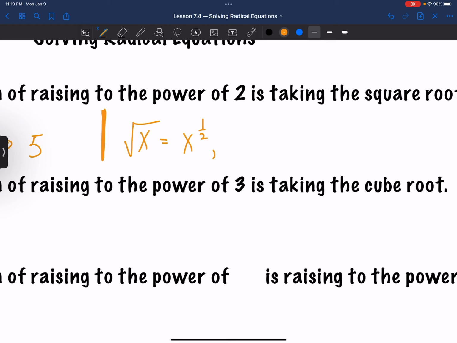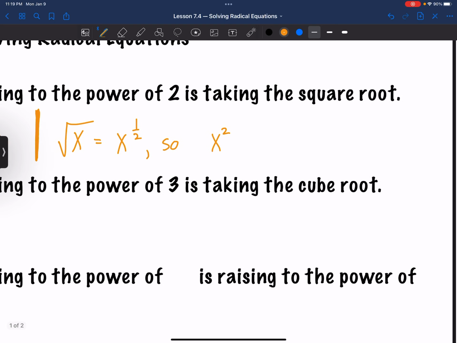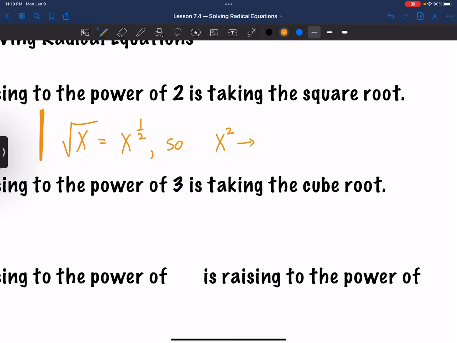So let's say I take x squared, and I'm taking the square root of that. The square root of x squared, if the square root of x is written as x to the power of 1/2, could be written as x squared to the power of 1/2.